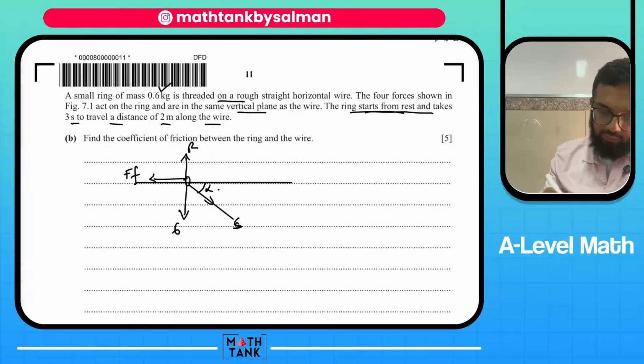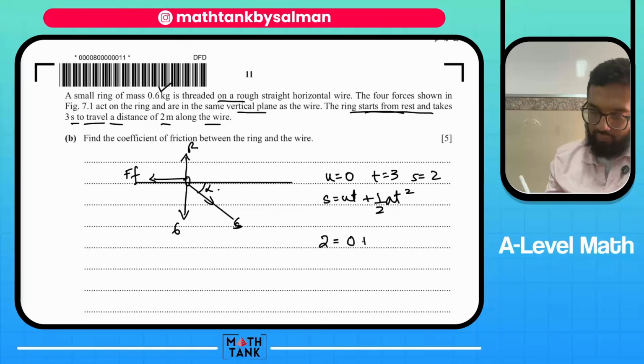It says the ring starts from rest and takes 3 seconds to travel a distance of 2 meters along the wire. So time is 3 seconds. Can I find out acceleration? 3 squared is 9. So 4 over 9 is acceleration.